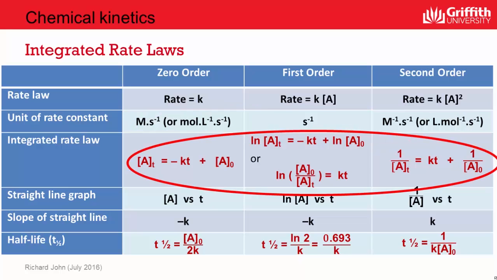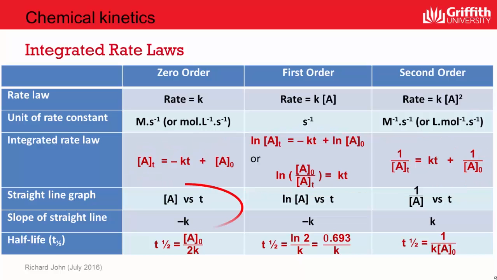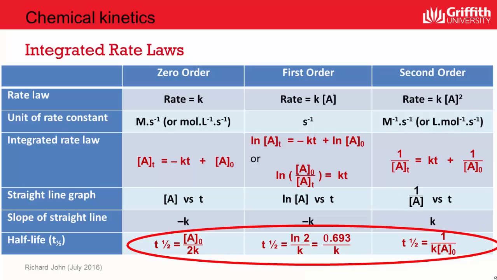It shows various forms of the integrated rate laws for each case, and it shows the straight line graph information to be used in each scenario. The table also refers to the mathematical expressions for the half-life of chemical reactions, which we will consider in more detail in a subsequent video.